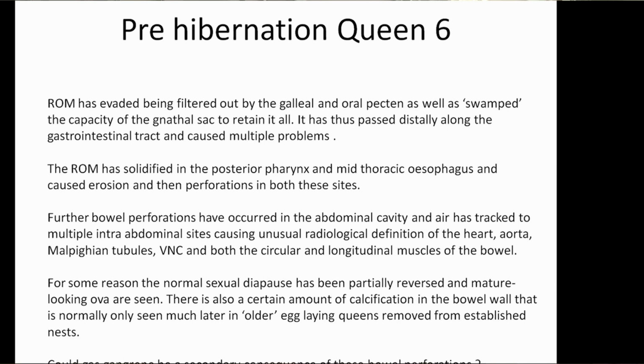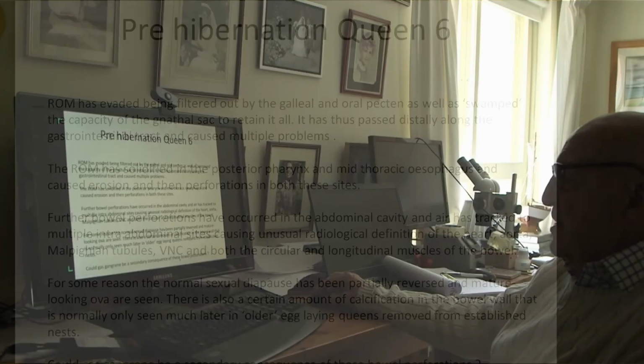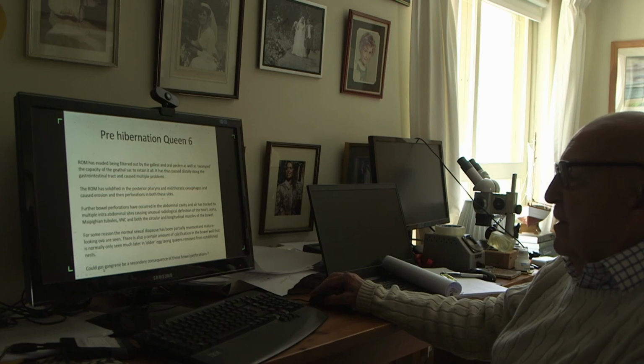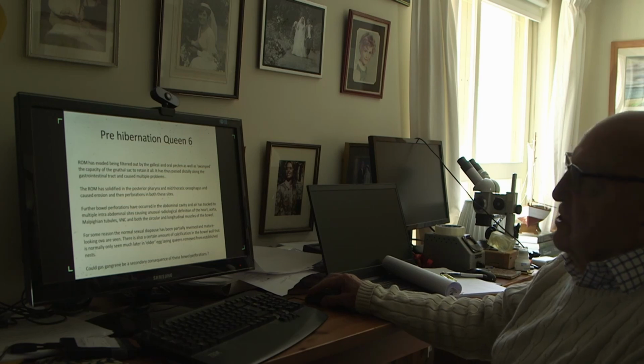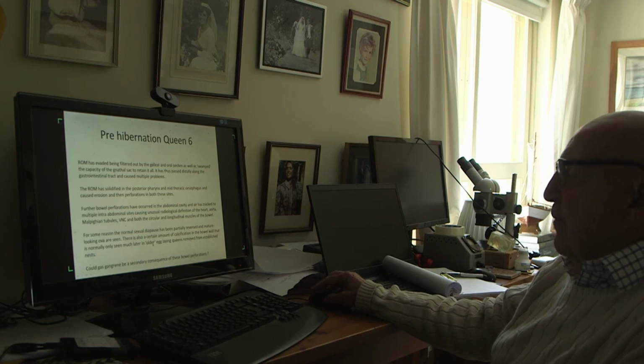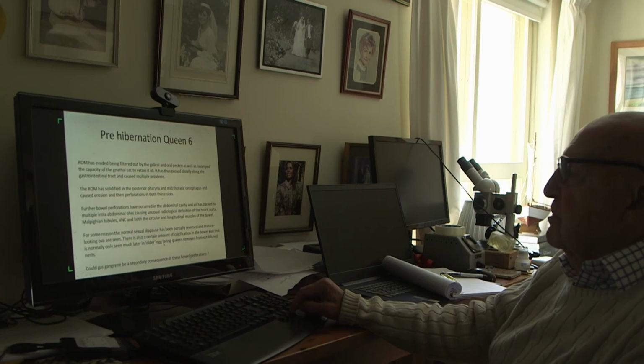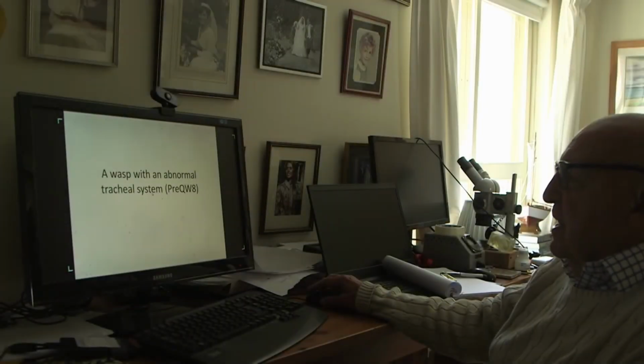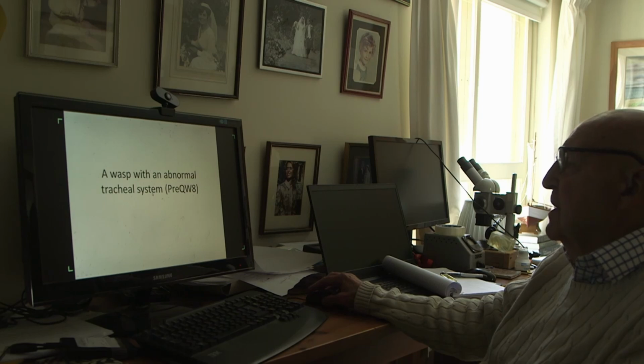And I'm suggesting that if this was a patient with a perforation, they might also have developed gas gangrene. I'm also open to suggestions as to why a pre-hibernation queen, who normally should not be forming eggs at this stage, is doing so. So suggestions, please.